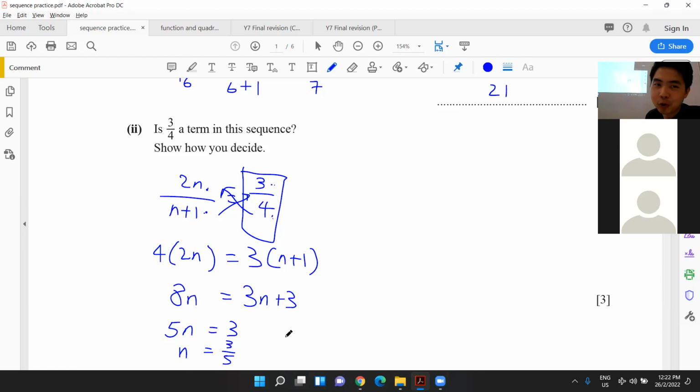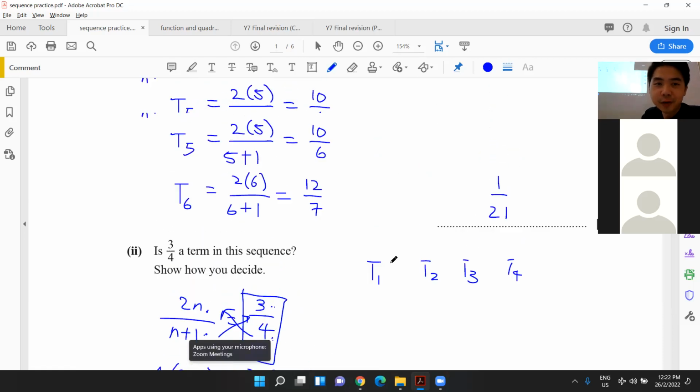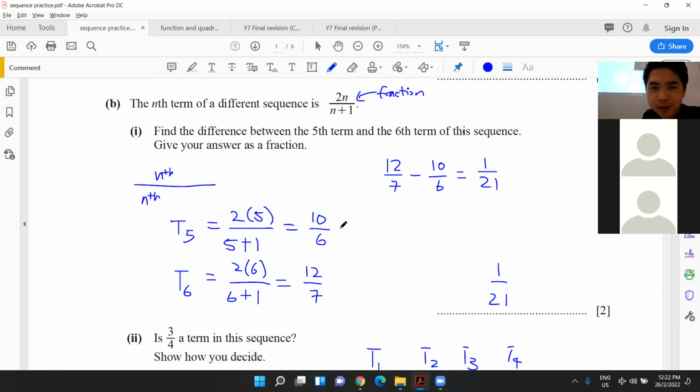If n equals 3/5, then we know that this is not really in the sequence, because we're only looking for term 1, term 2, term 3, term 4. We don't have term 3/5. In fact, if we put 3/5 into this formula, does this give us 3/4?